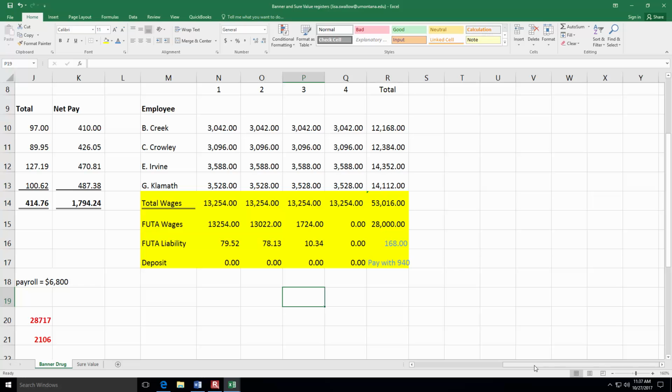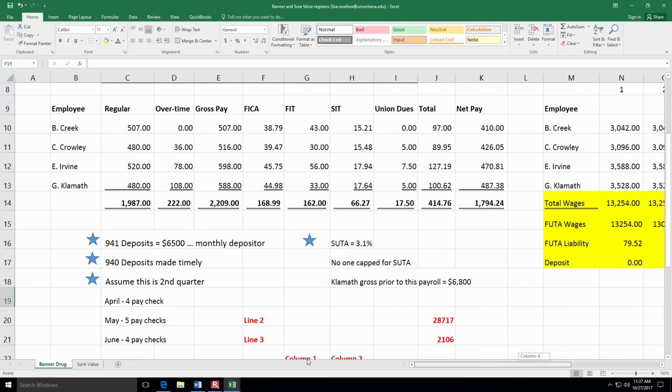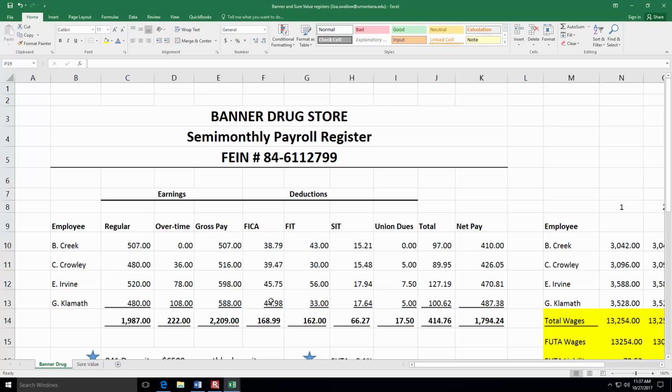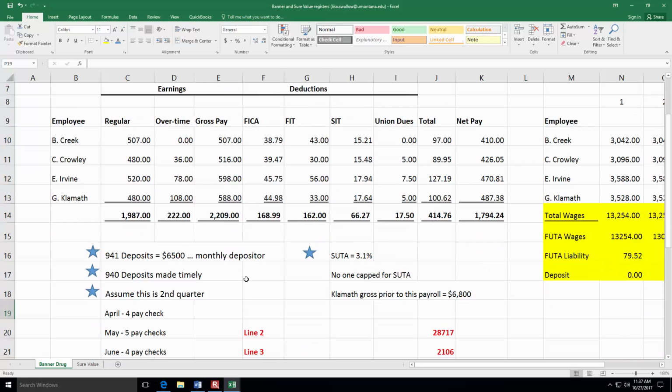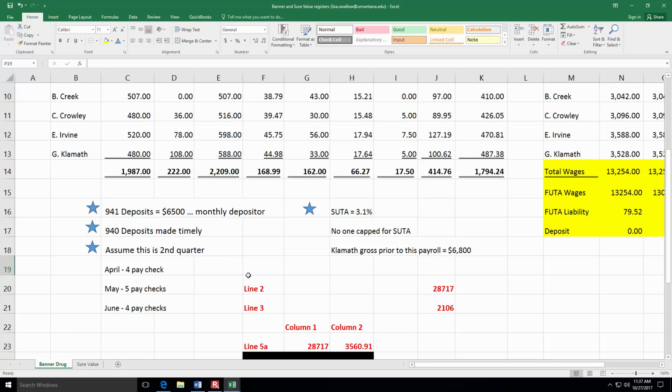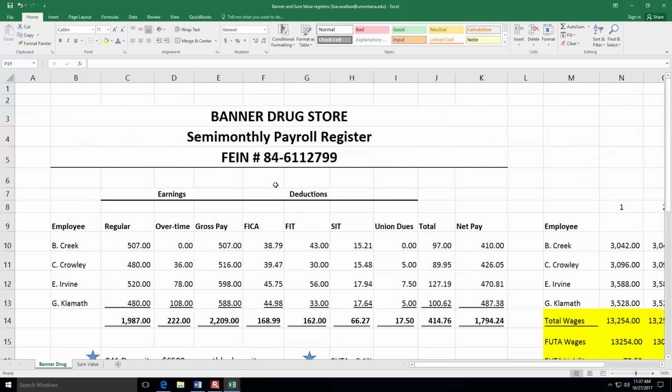Okay, so now you've got your 940 in front of you. And you should have the information that you need, minus the address. I think I tell you down here it's the second quarter. So go ahead and get the top of the 940 filled out. Where is that?